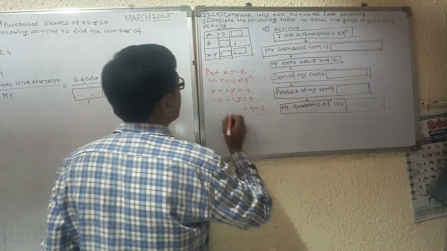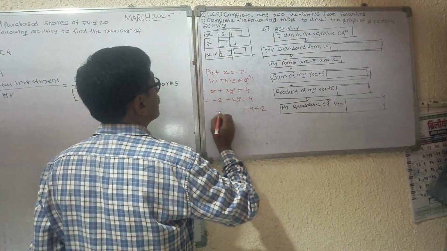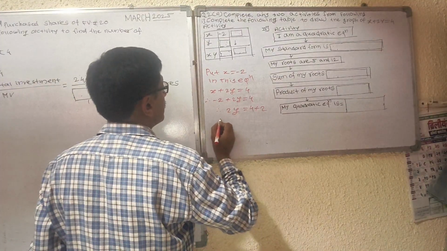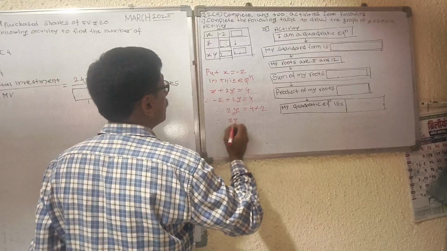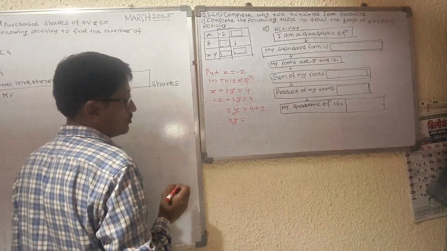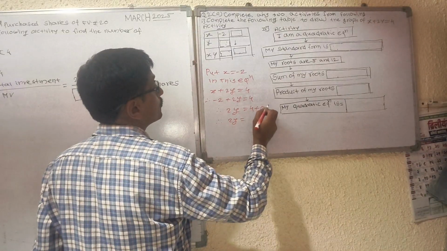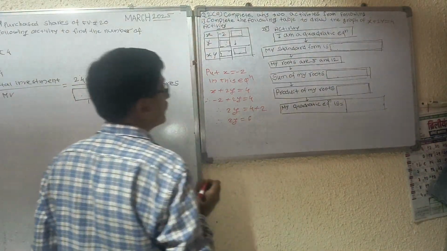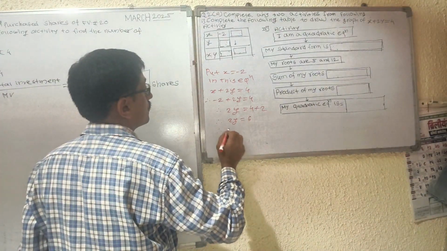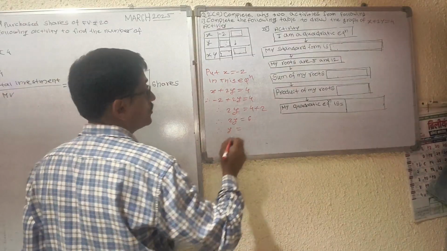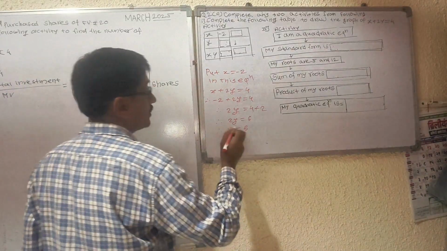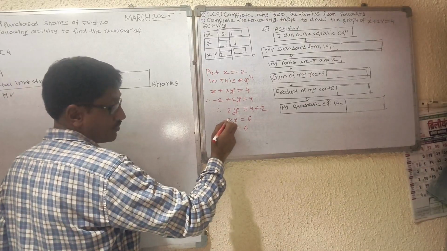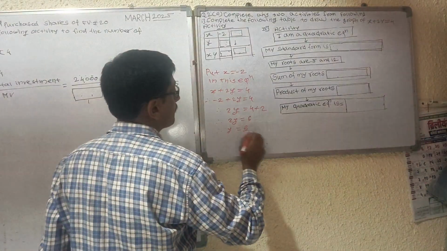Here remaining 2y, since 2y is equal to 4 plus 2 is equal to 6. Here 2 is multiplication and the inverse of multiplication is divide.